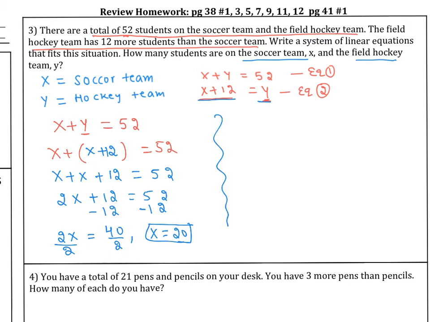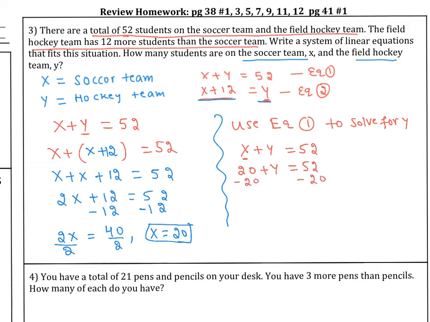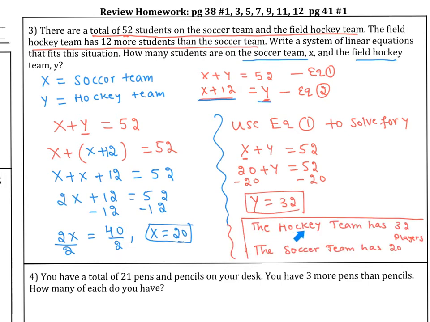Now we are going to use equation number 1 to solve for y, x plus y equals 52, where x is 20, and we are going to find out how many students are in the hockey team, and that's going to be 32. So the hockey team has 32 players and the soccer team has 20 players.